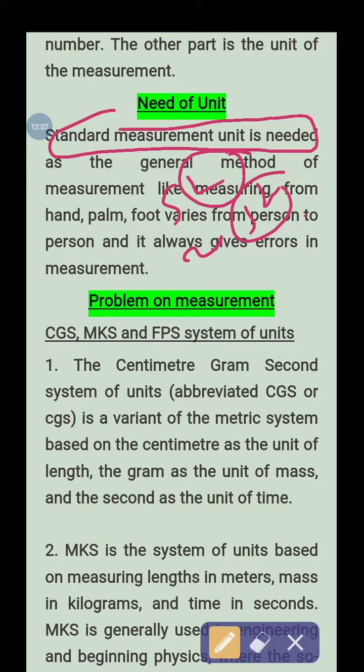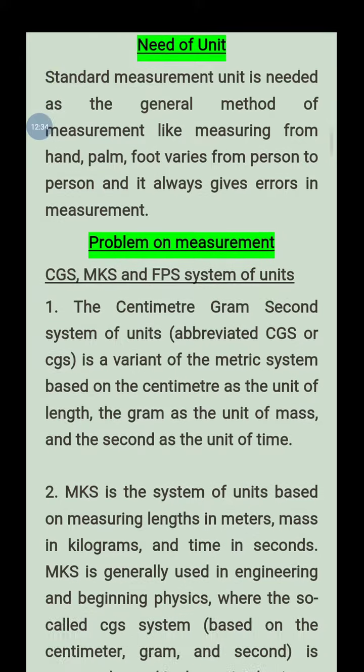If you cover a distance in 10 steps with your legs, with your younger brother it may be around 20 steps. So, to avoid this variation, a measurement is required, that is a unit, a standard measurement.